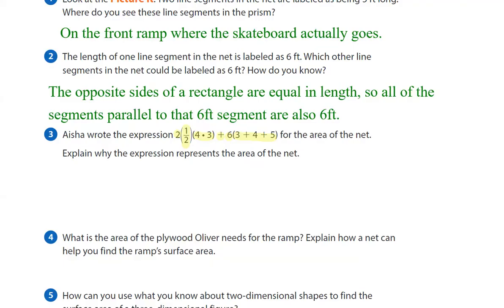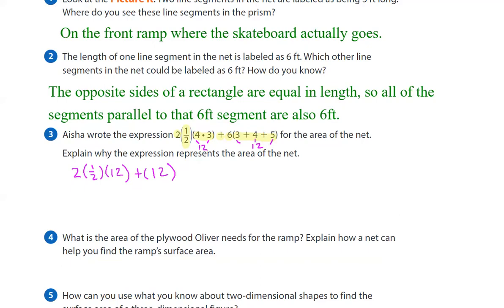Okay, so we have to do what's inside parentheses first. This is inside parentheses, so that's 12. This is inside parentheses, so 3 plus 4 plus 5. 3 plus 4 is 7, plus 5 is 12. So now we can simplify that to 2 times 1/2 times 12 plus 12.